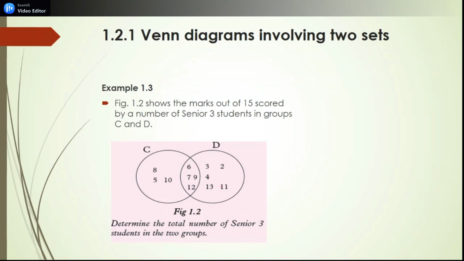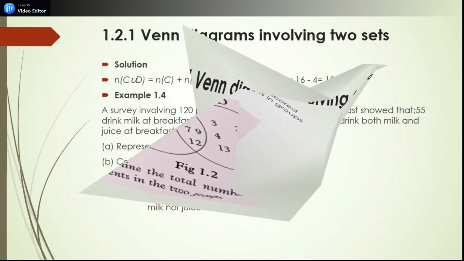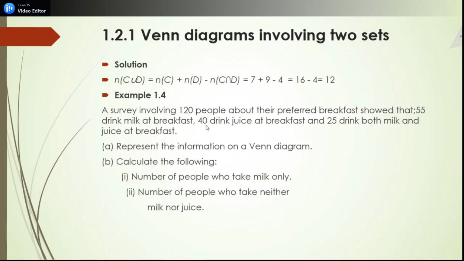We will count the union of those elements, so we have to count all elements here: 1, 2, 3, 4, 5, 6, 7, 8, 9, 10, 11, 12. We have 12 students. It is like using the above relation, just by using the property.